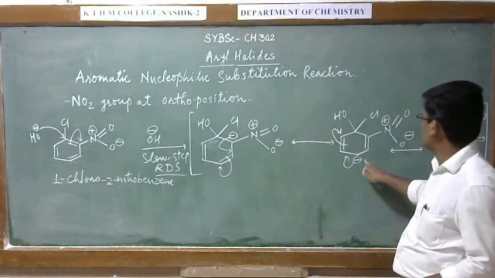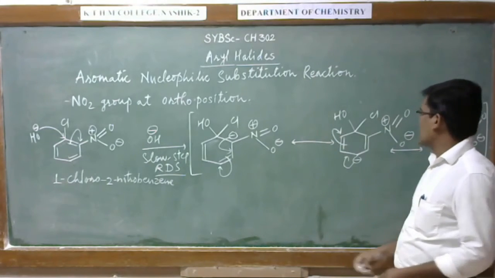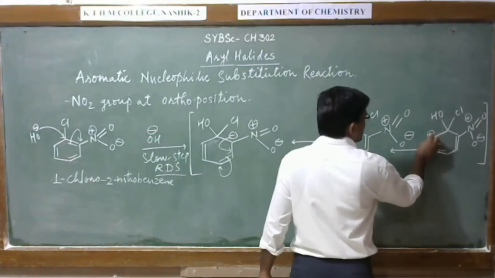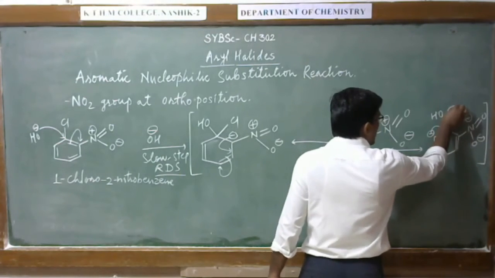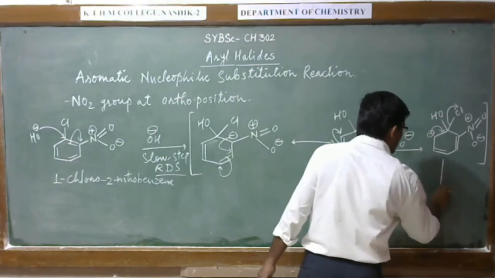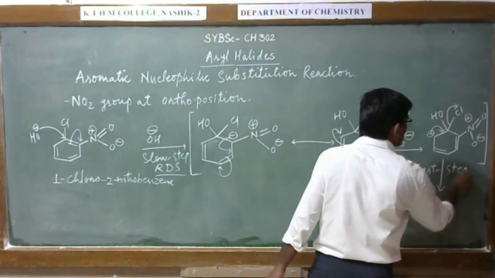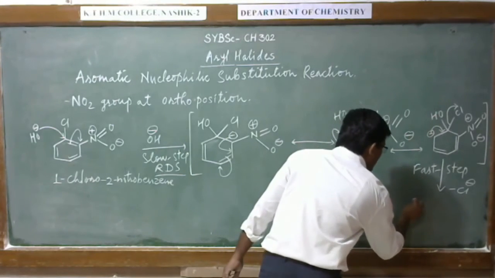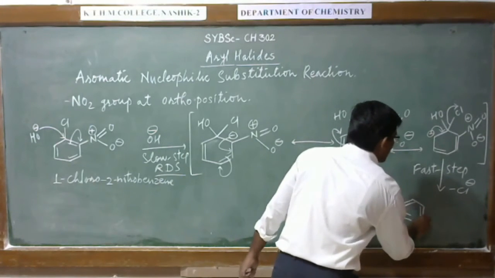In the second structure, this negative charge will restore and this double bond will break, and in this third resonating structure, this charge will restore over here and the chloride ion departs. So the chloride ion will leave, and in this way we can have our product.